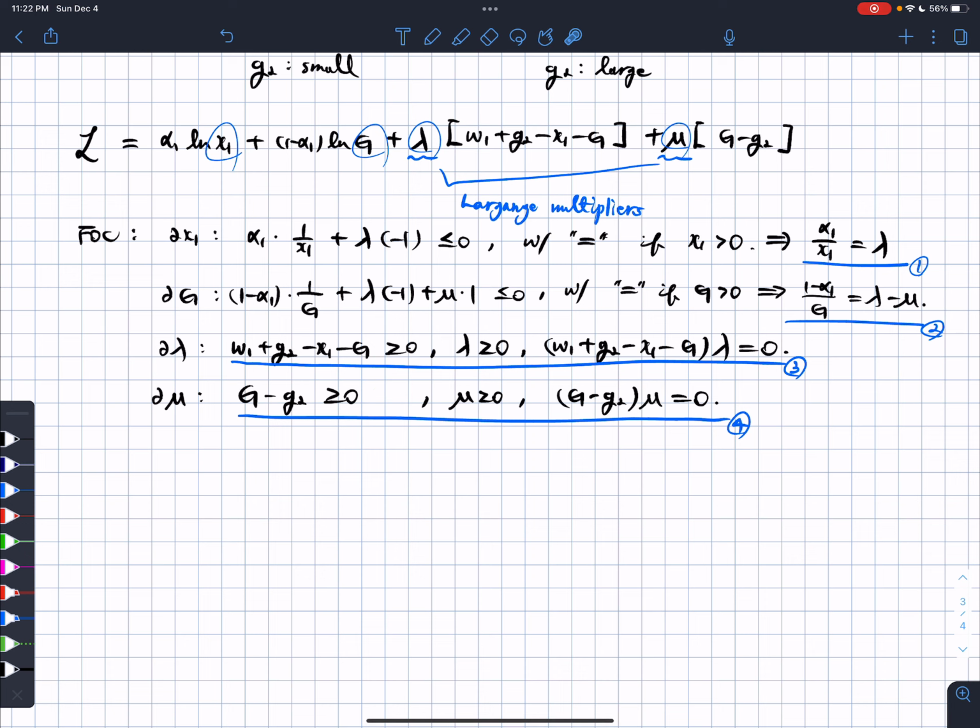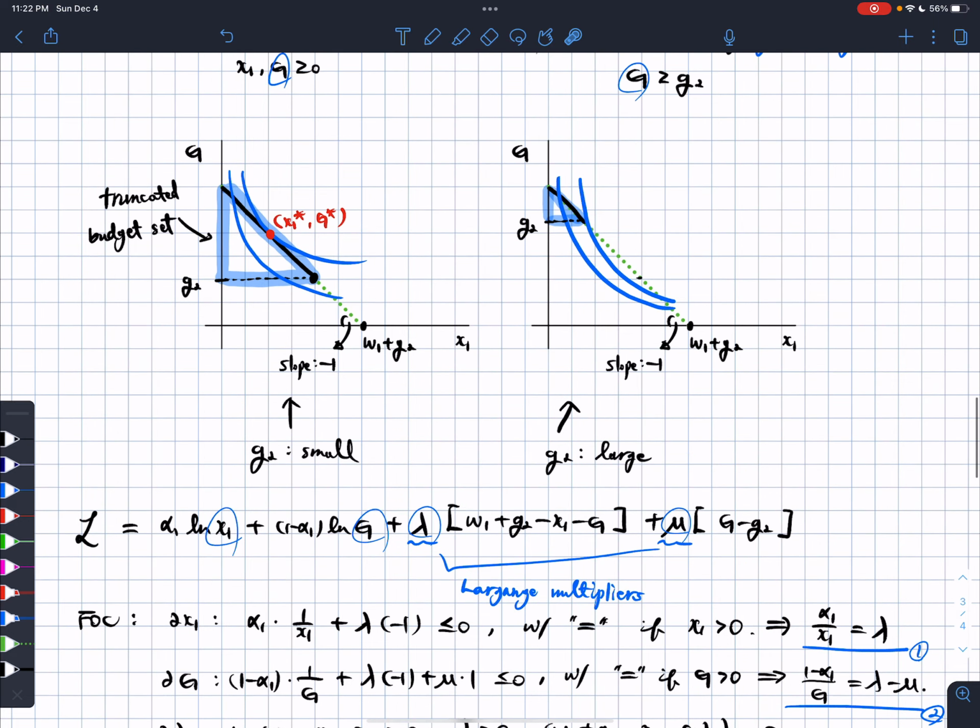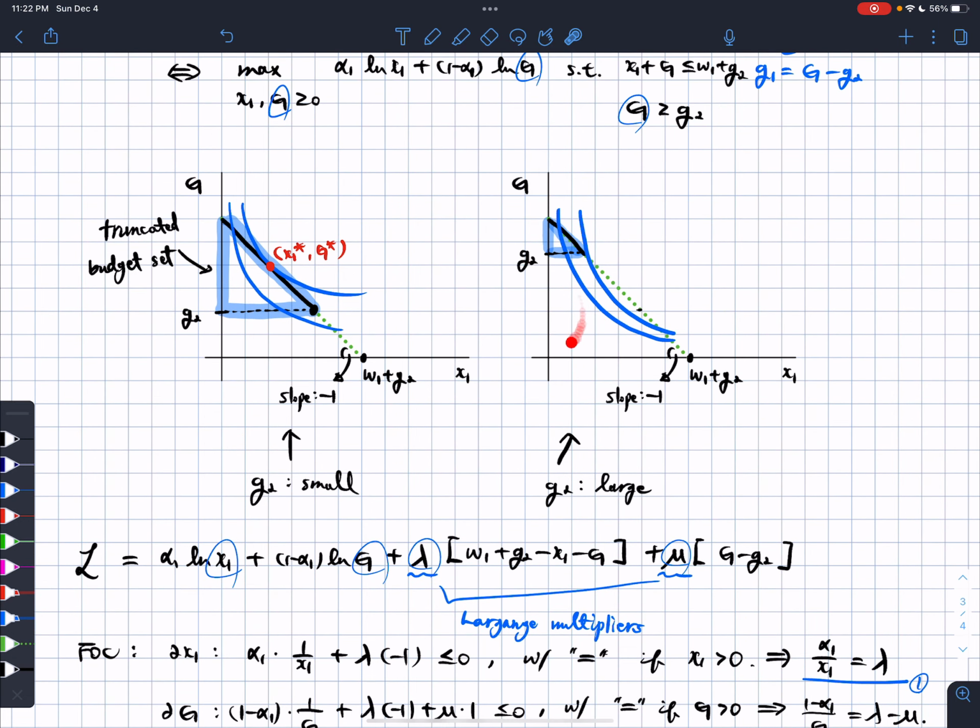Okay, and the trick is, as we saw in this picture, these pictures should give you some intuition as to what the nature of the solution will be. And we saw that the nature of the solution will depend on whether this constraint is binding at a solution or not.